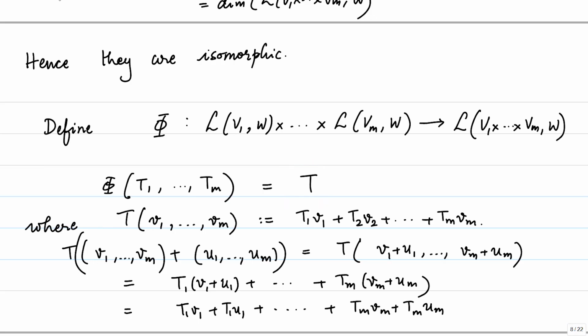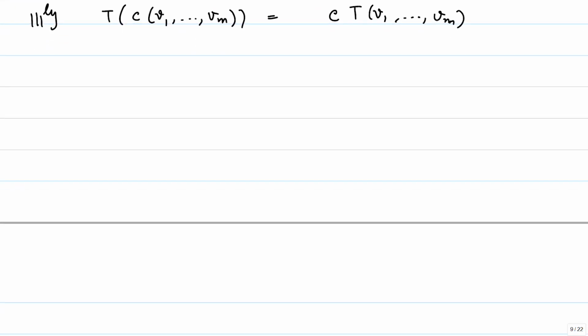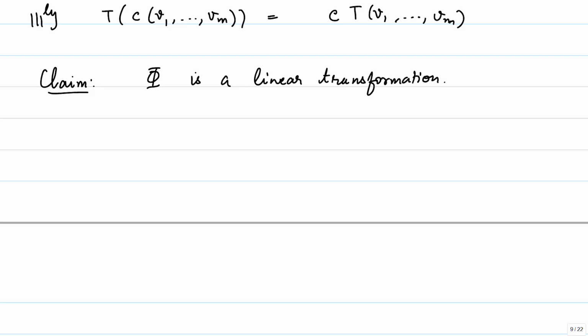And then the next question would be, is this Phi an isomorphism? Let's see. The next thing to check is, claim: Phi is a linear transformation. Notice that we have just proved that Phi takes some element in the domain and gives us some element in the range. Now the next step is to show that it is a linear transformation.